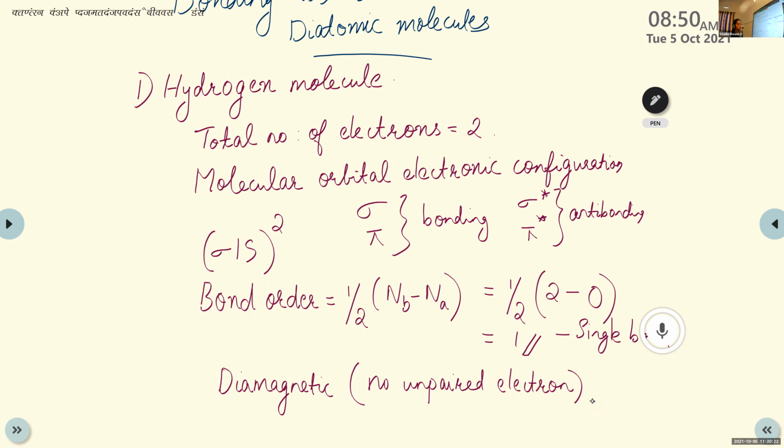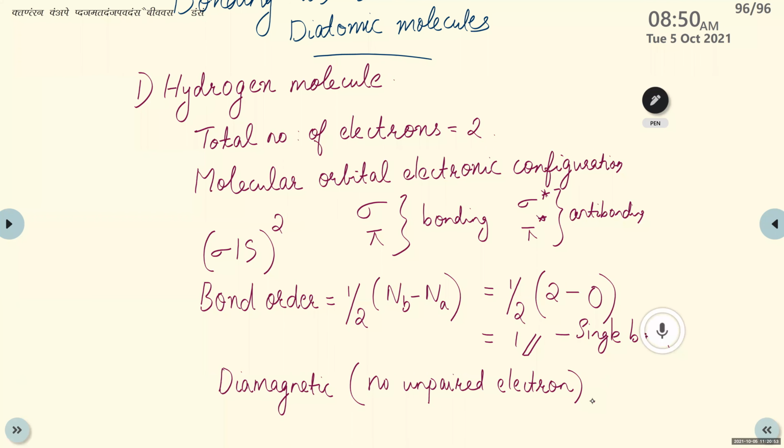So here, what about the stability of this molecule? Is it stable or not? We have learned that if the number of electrons present in bonding molecular orbital is greater than in anti-bonding molecular orbital, that molecule is stable. So what about the hydrogen molecule? Is it stable or not? Tell me. Stable. The molecule is stable because the electrons are only present in the bonding molecular orbital.